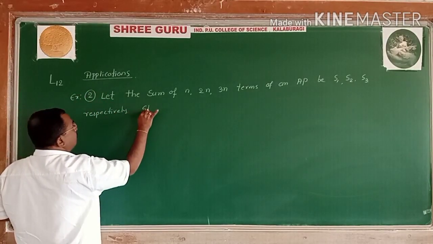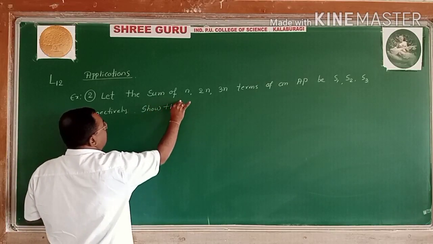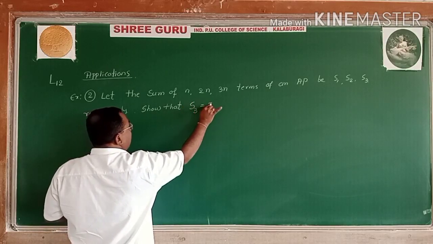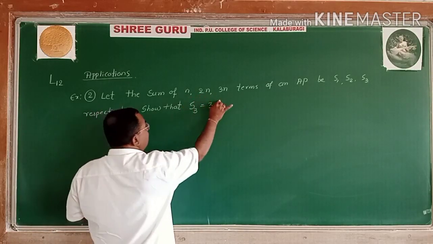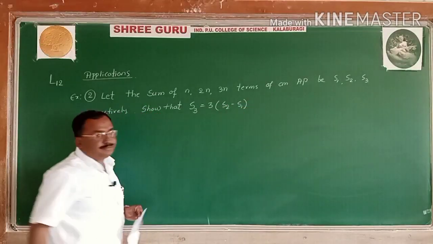Show that S3 is equal to 3 times (S2 minus S1).